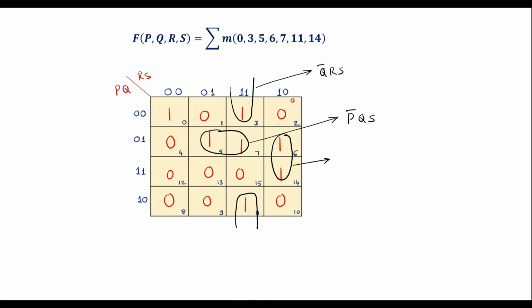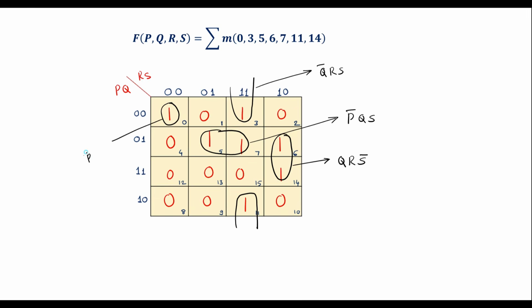So now here using these two ones I can make a pair. The value here it is with respect to R S bar, it is R S bar, and here between these two rows the common term is 1 which is Q, that is Q R S bar, and here we have one more one which is independent. So its value is P bar, Q bar, R bar and S bar.